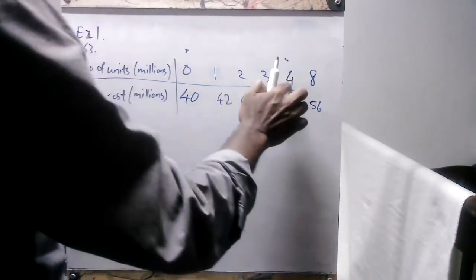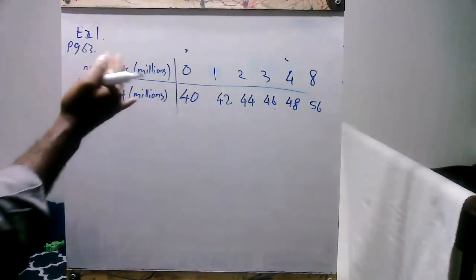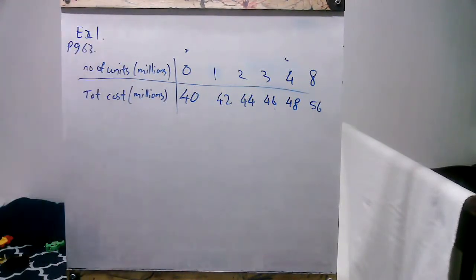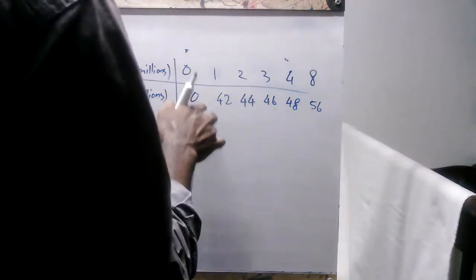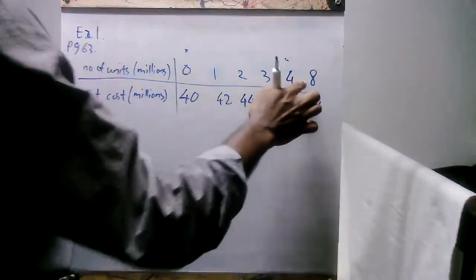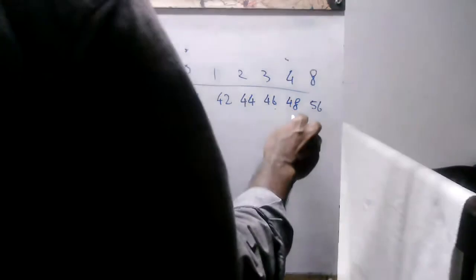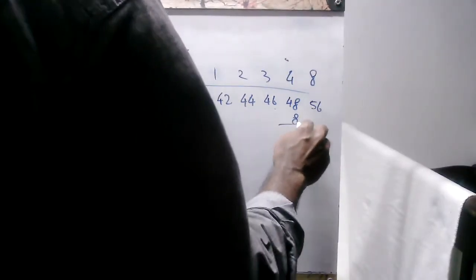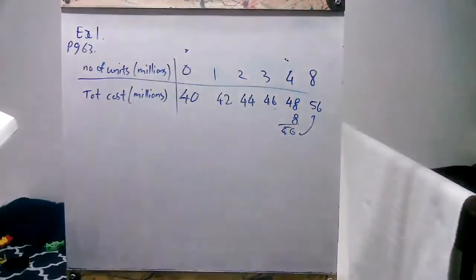Means from 4 to 8, 5, 6, 7, 8, 4 million units. For each 1 million, they spend 2 million. Then 4 times 2 is 8. 48 plus 8 is 56. That's how they get this number.